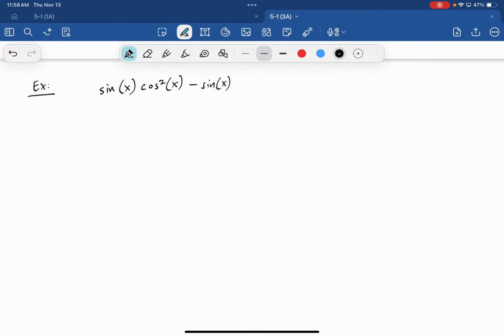Factoring, algebra, right? So in this case, we're going to factor out a sine x from both terms. And we're left with sine x times cosine squared x minus 1. All right? Divide both terms by sine x and extract that factor.